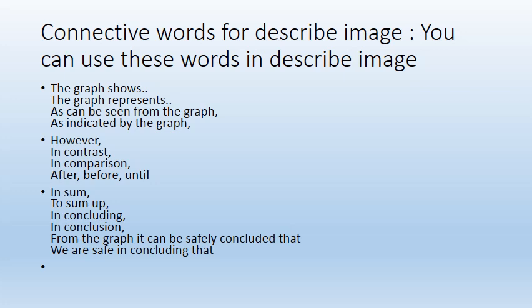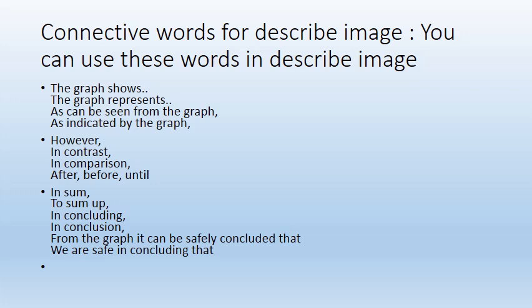Now I am giving you some connecting words for describing an image that will be really helpful to finish one sentence and move to the next. How should you use those connecting words? For example: the graph shows, the graph represents, as can be seen from the graph, as indicated by the graph.